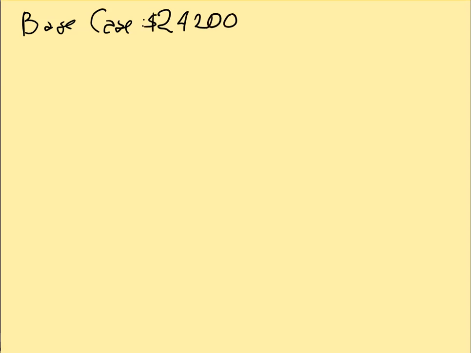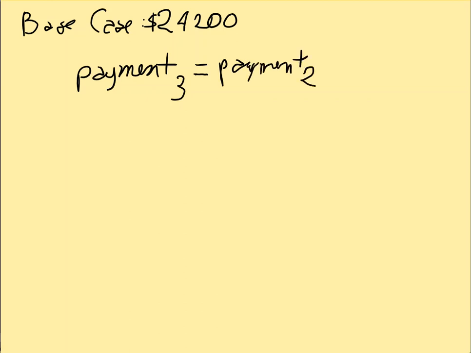However, if you want to pay it in 3 years, let's say you want a payment in year 3, well, that's going to be whatever your payment was in year 2 times 1 plus 0.029. So it's an interest of 2.9% over what you have already accrued on year 2.